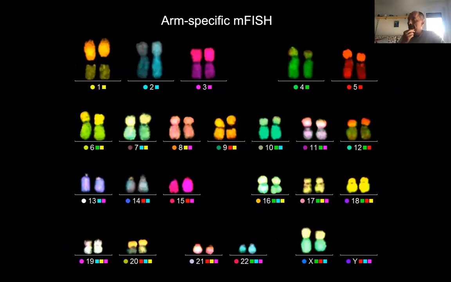Another way, you can do arm-specific M-FISH. So now you can again do the M-FISH, but the 2 arms of the chromosome have different intensity, so they look different, you see. With arm-specific M-FISH, you can see, for example, exchanges between the 2 different arms that you will not see if you use normal M-FISH.